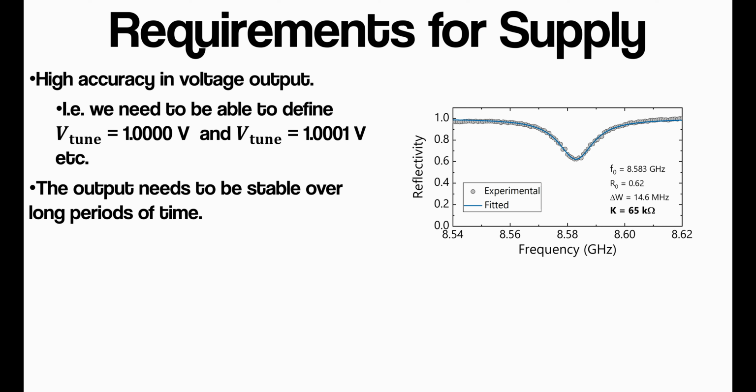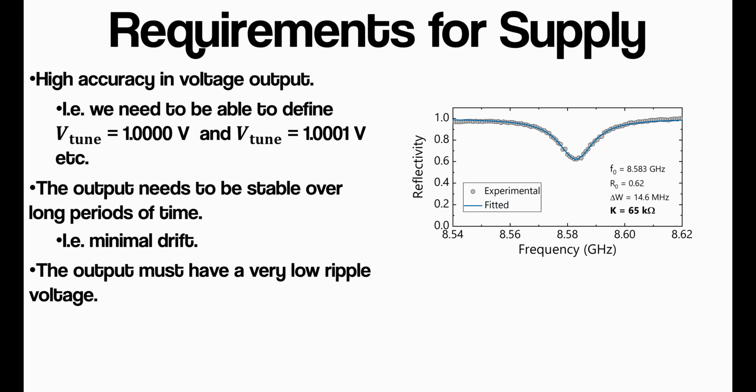And if the output voltage drifts, that means the frequency is going to drift, and you're no longer going to be on resonance. So the signal you observe in your microwave conductivity measurements is going to change as a function of time, and the assumptions you made about the resonance are no longer true. So this is something we need, i.e. we need minimal drift.